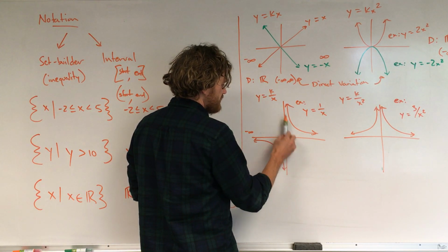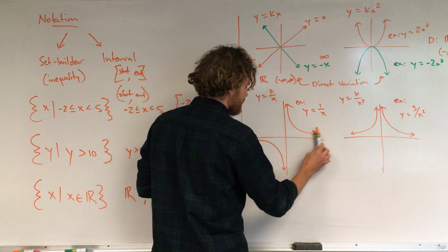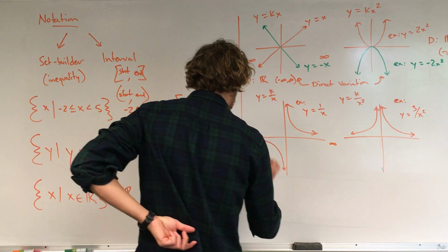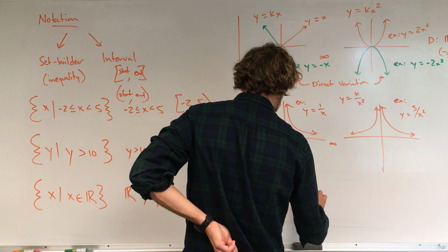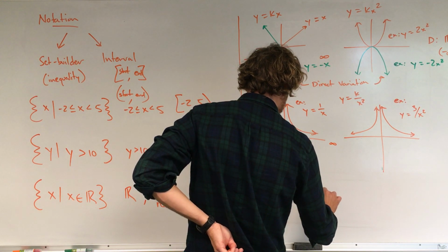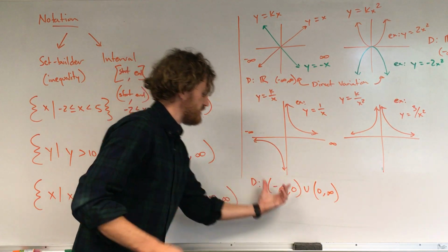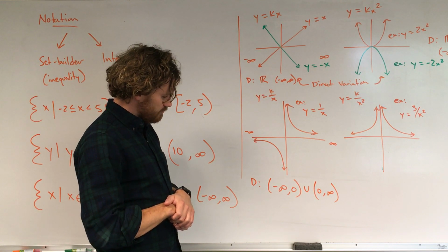As soon as I get past 0, the function exists again, right? Because this is going to get really close. It's going to exist again all the way to infinity. So I can write this two ways. I can write this as negative infinity to 0 union 0 to infinity. That basically just means this or this, right?